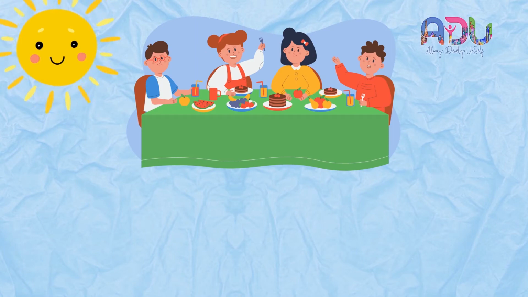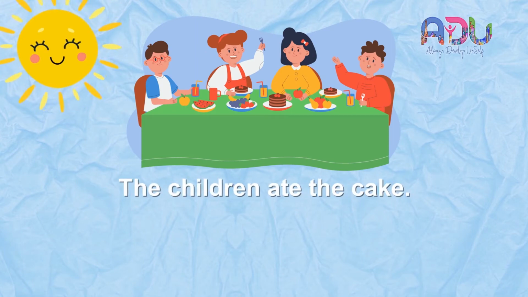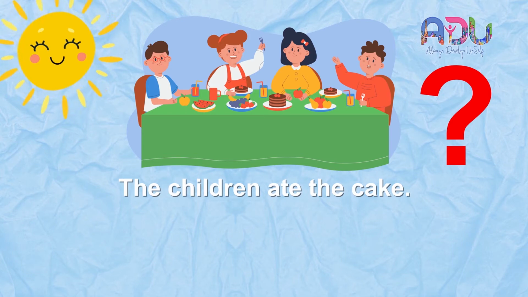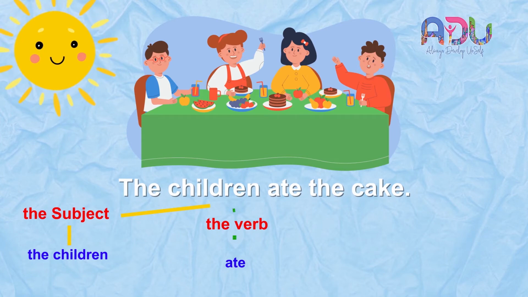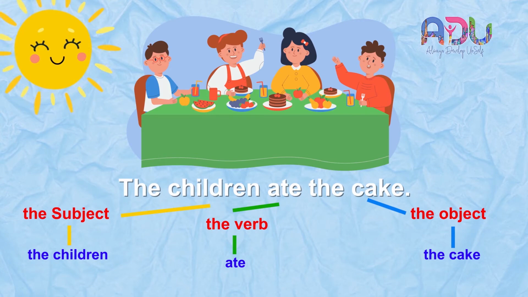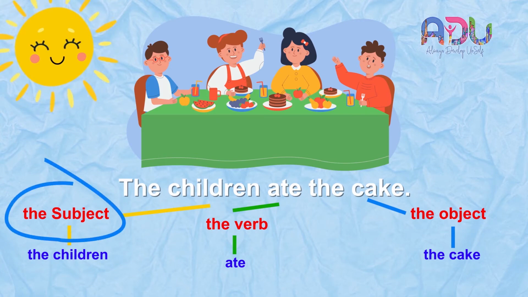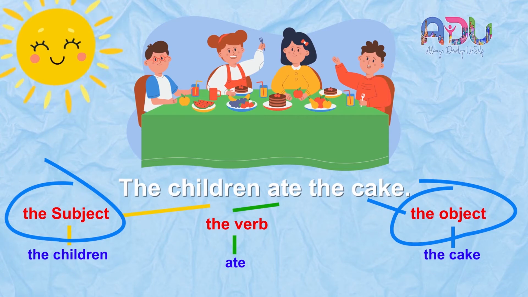For example, the children ate the cake. How can we define it? The subject is the children, the verb is ate, and the object is the cake. What we have to remember is that the subject is doing the action to the object.